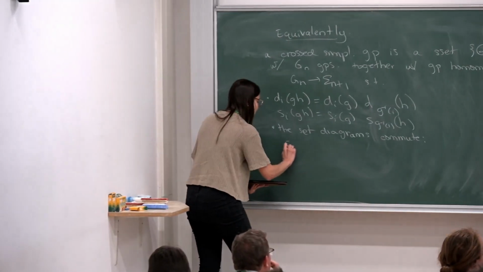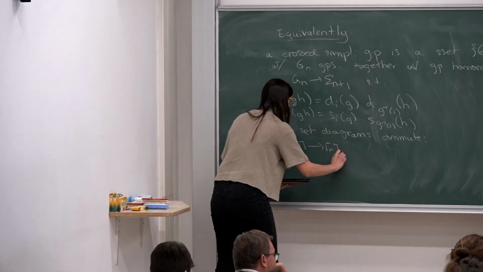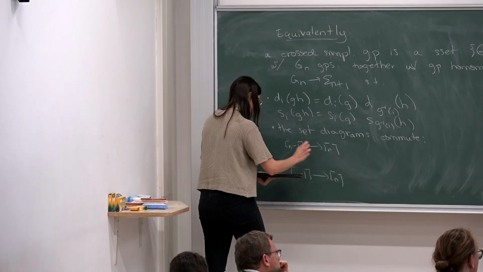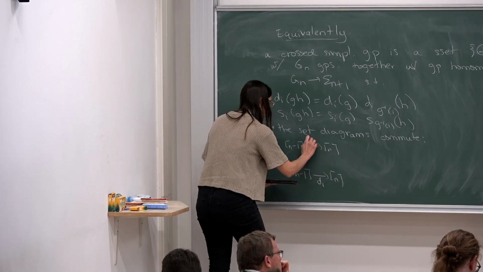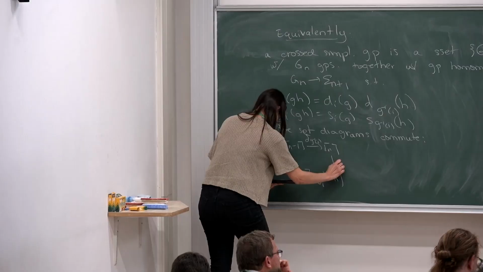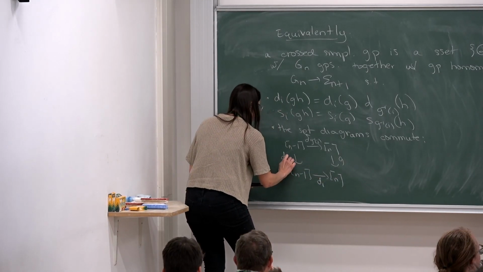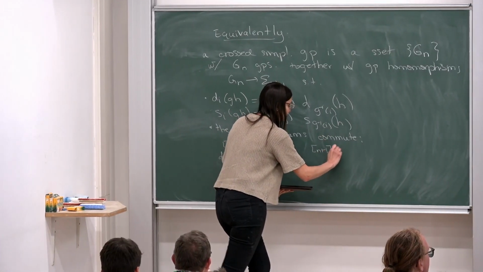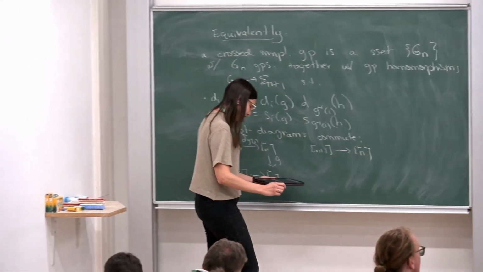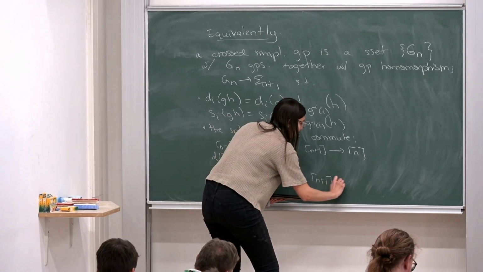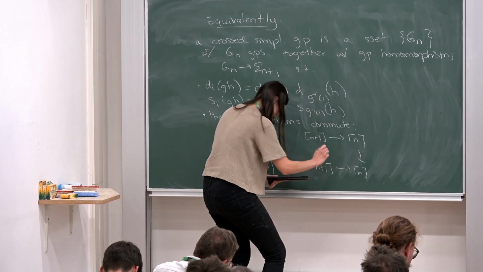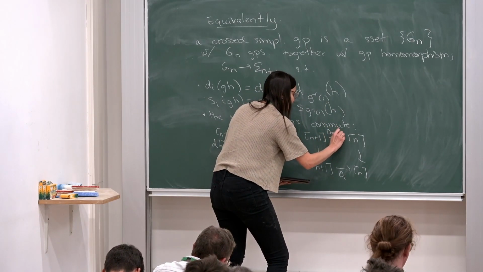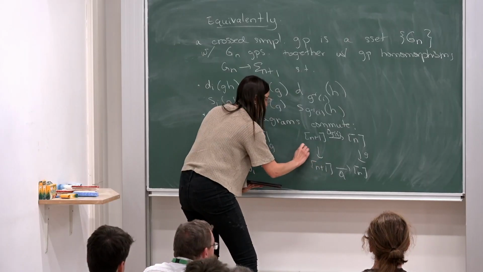So if I do n minus 1, if I take delta i and delta g inverse i and g and di of g, plus a similar one for the degeneracies: sigma i, sigma g inverse i, g, and si g.